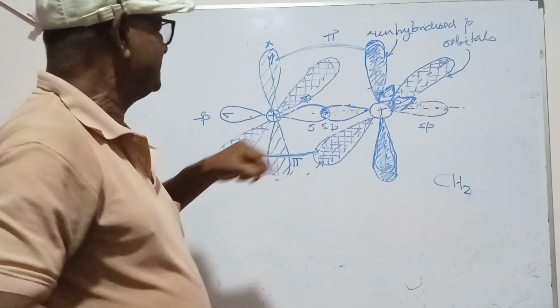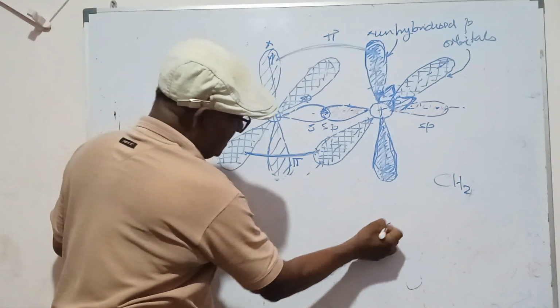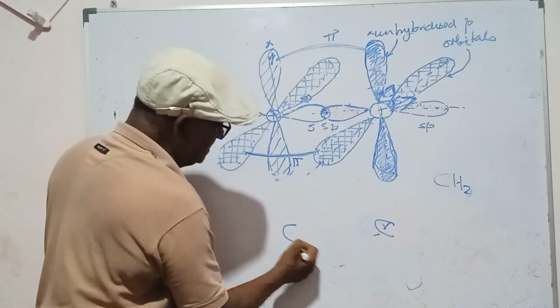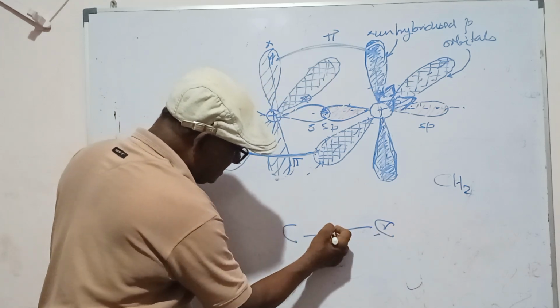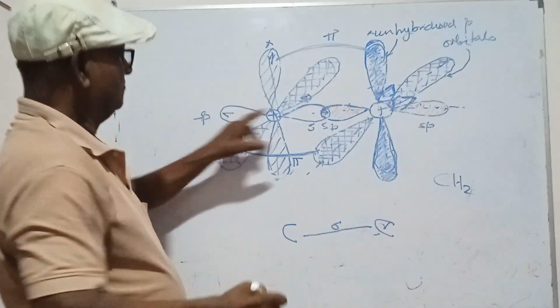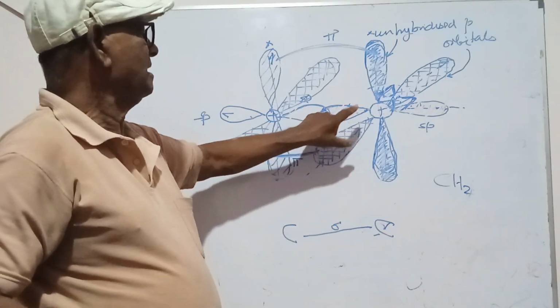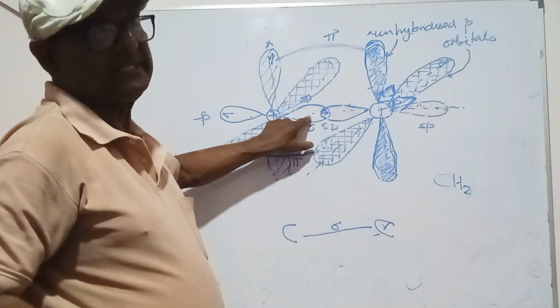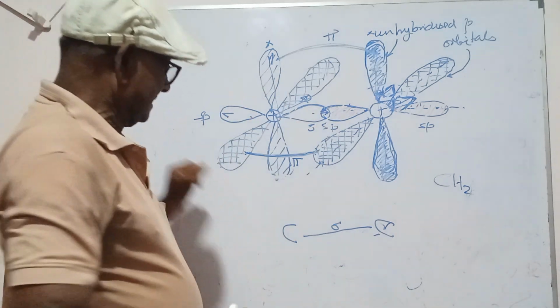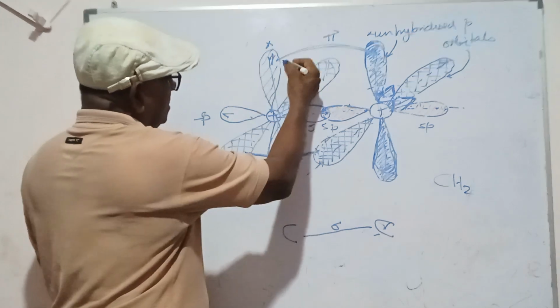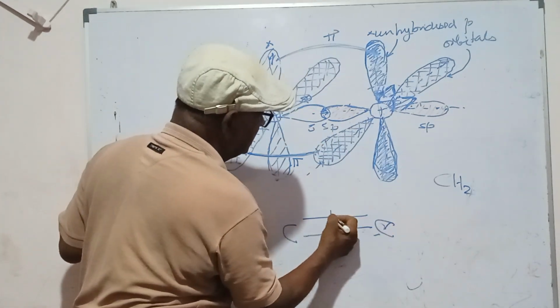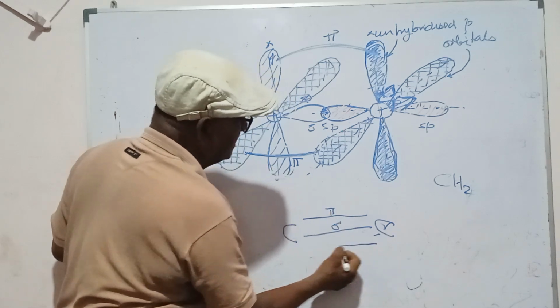So it is clear that between the two carbon atoms, there is one sigma bond with the linear overlapping of sp hybridized orbitals. Then two pi bonds, one pi bond here, other pi bond here.